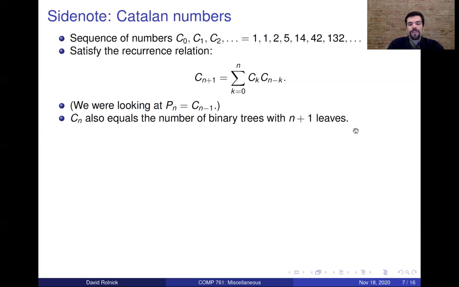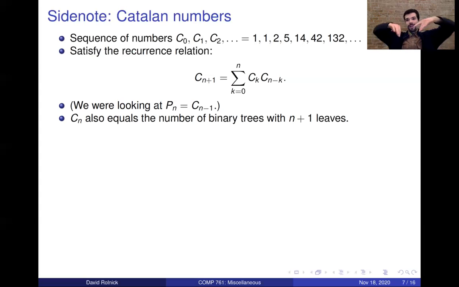You're multiplying together. And there's another connection to the number of binary trees. The reason why it's also the number of binary trees is that binary trees and parenthesizations just turn out to be the same thing.